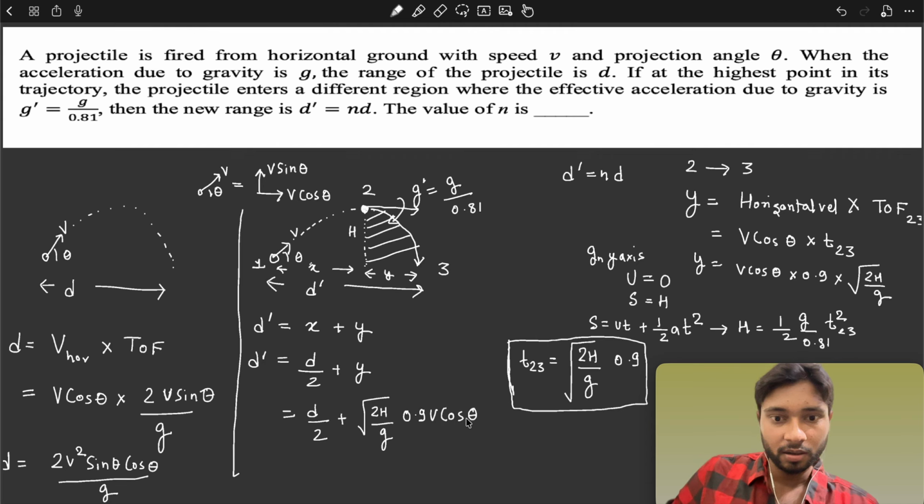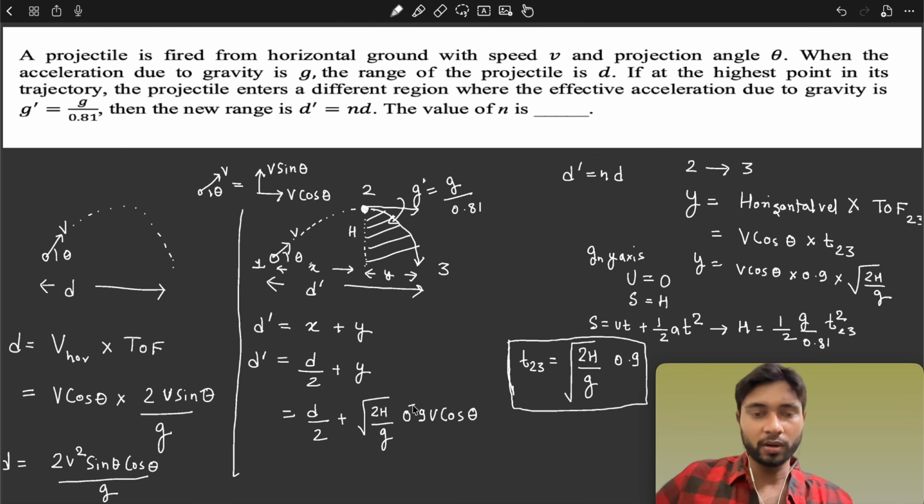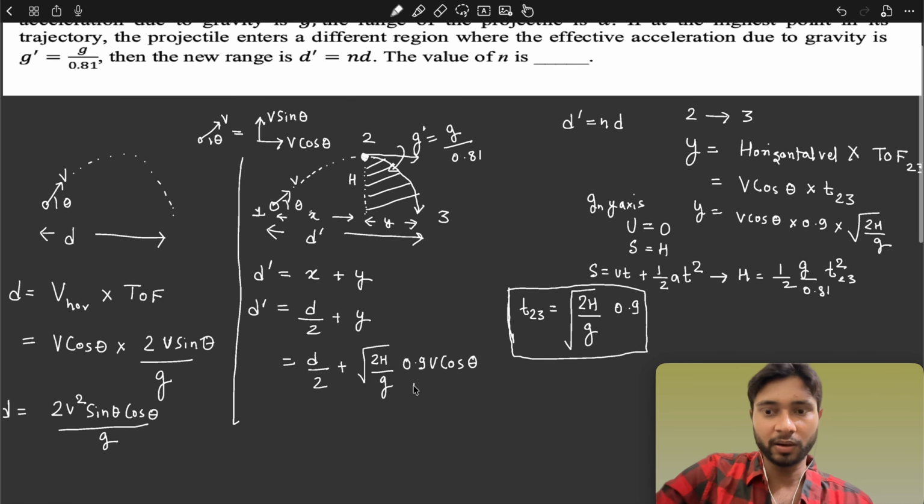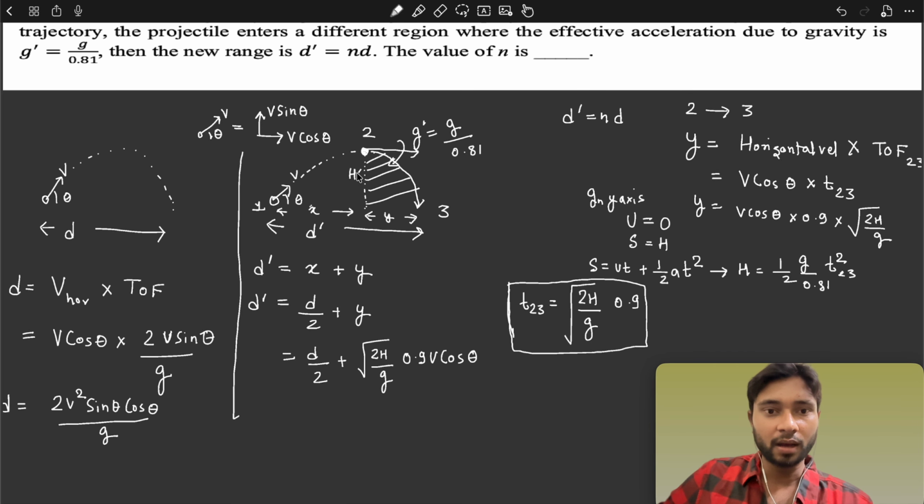Okay, what is unknown here? H is unknown here. Can we write h in terms of v and theta? Let's see. I think we can do it. This is nothing but the highest vertical height that this projectile is traveling.